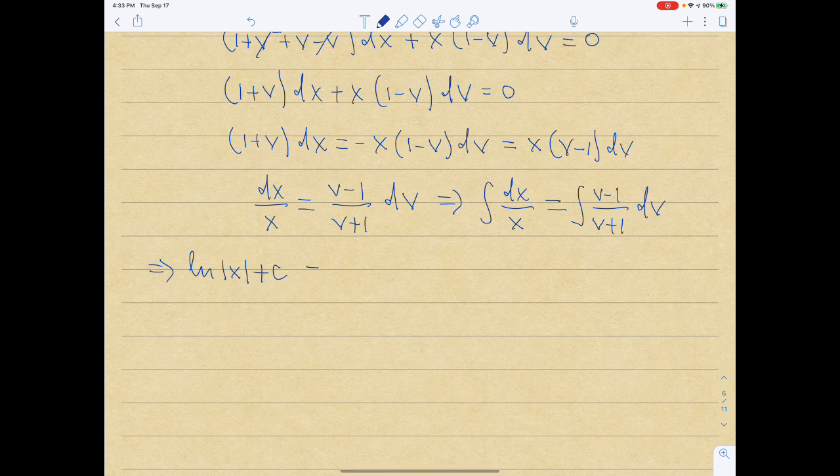And there I'm going to use a substitution, u equal to the denominator, u equal to v plus 1. So then du is dv. And the integral becomes, on the bottom I have u, dv and du is the same thing, so du. And what is v minus 1?